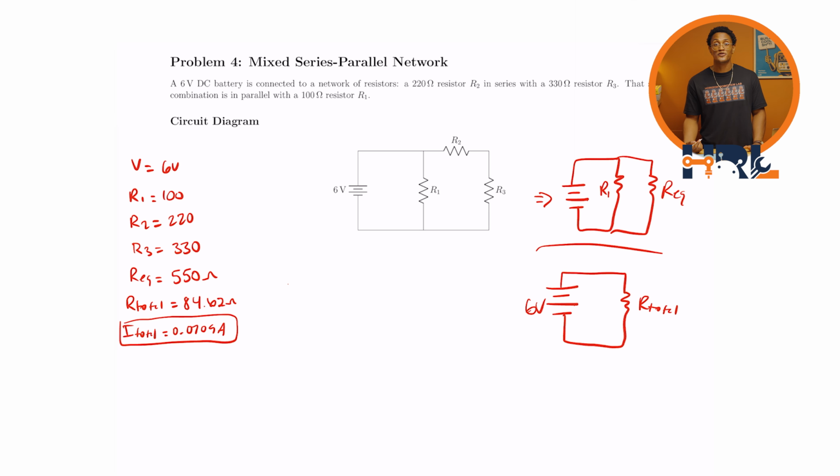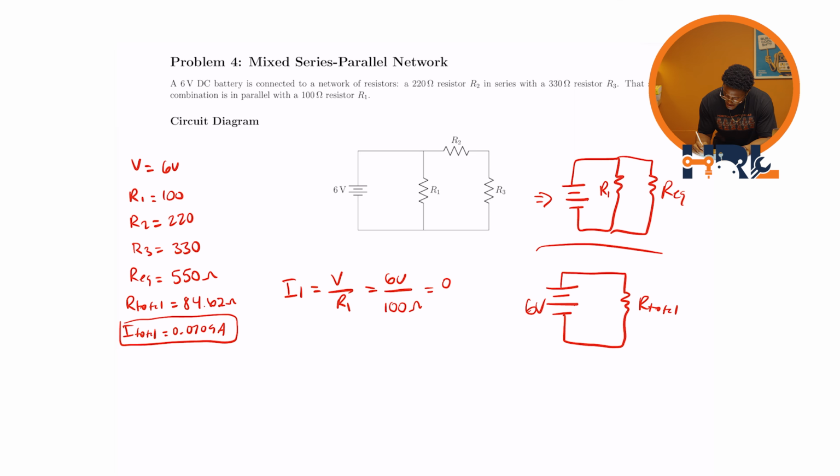Okay, the total voltage through each branch is 6 volts. Let's calculate the current through each branch. So through branch 1, we know I1 is equal to V over R1. So we have 6 volts divided by 100 ohms, and that is 0.06 amps. Very nice. To find I2, we're going to use the equivalent resistance that we found from adding the resistors in series together.